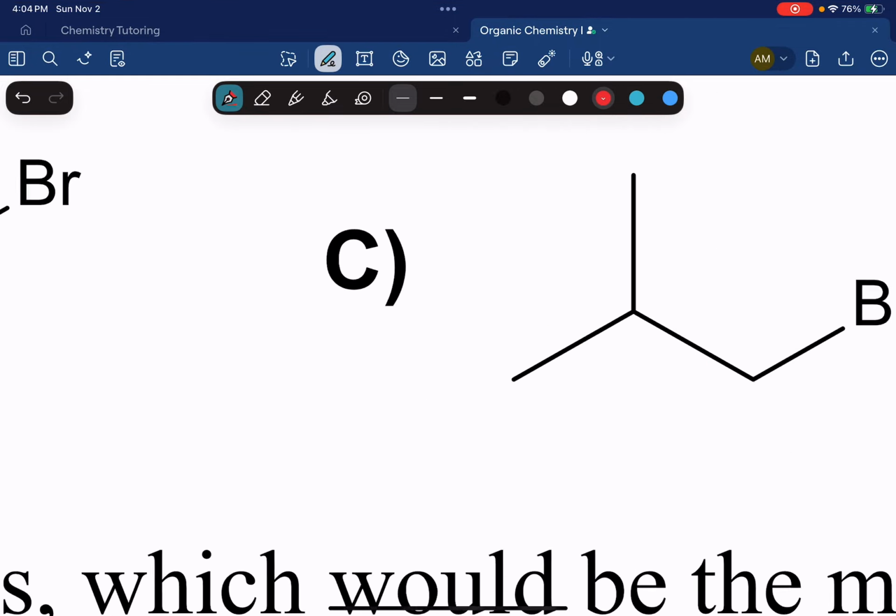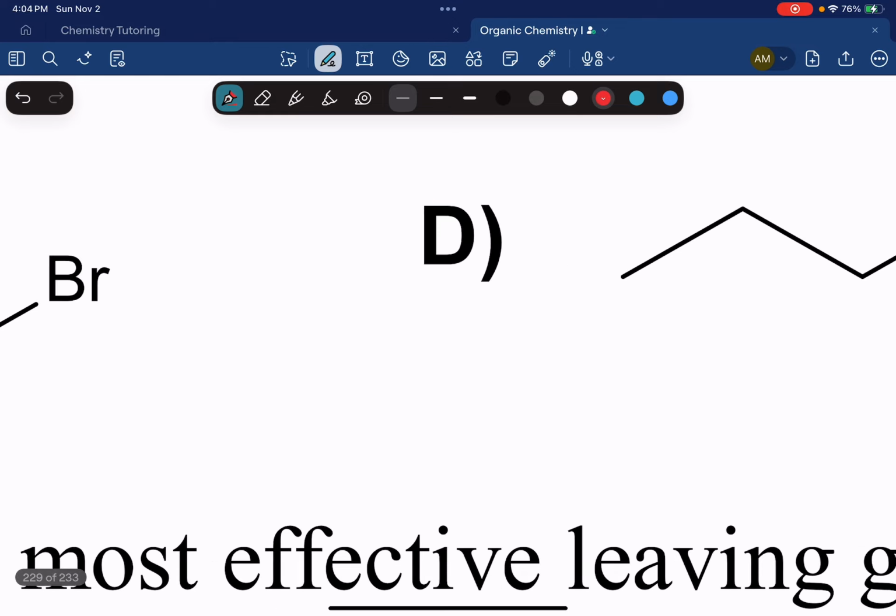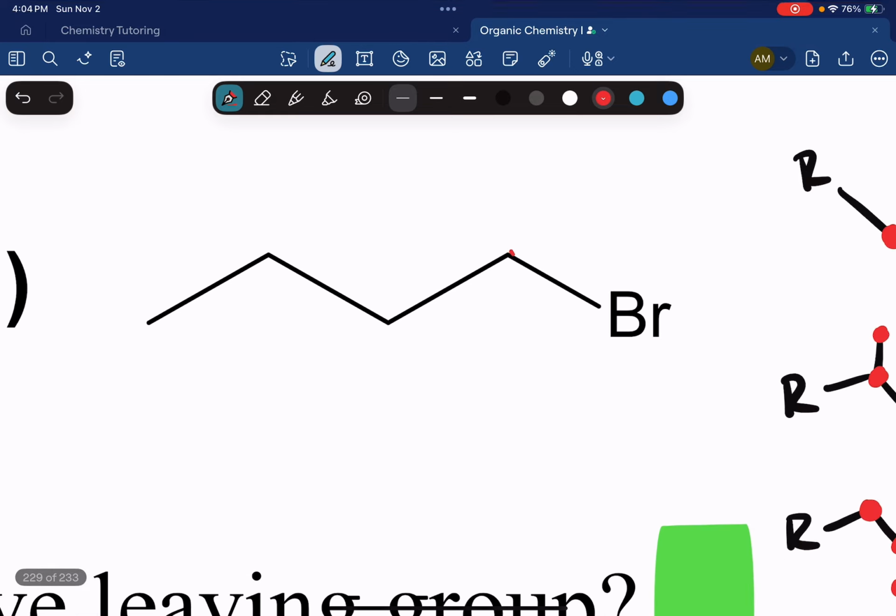Sec-butyl. What's this guy? He's shaped like a Y. Why is he doing all that? Isobutyl. What's this guy? 4-carbon chain. We're pretty boring. We're just our n-butyl.